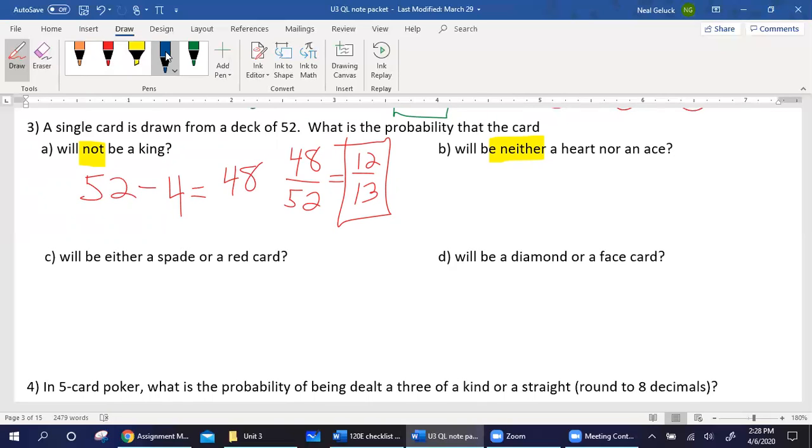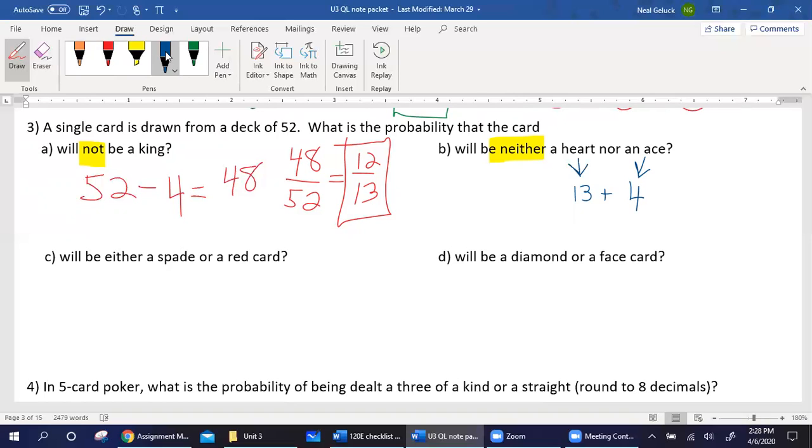Okay, so now I'm going to think back to what I did on the dice problem. The hearts, there are 13 because that's one of the suits. The ace, well, there's 4 of those, but I have to ask myself, did I double count anything in that? Yes, I did.